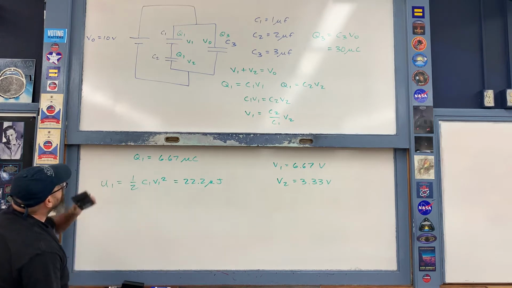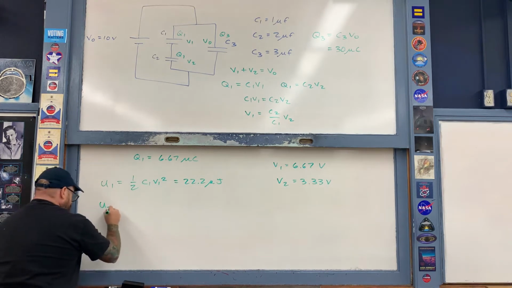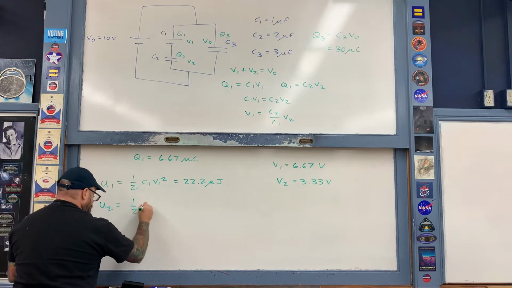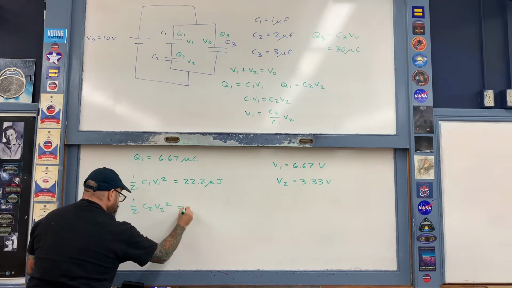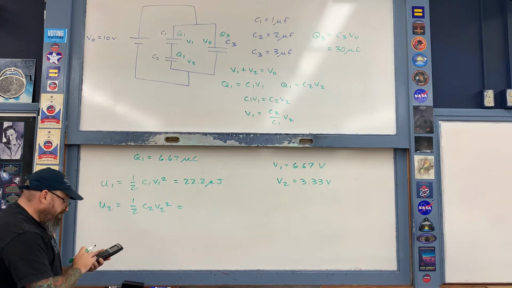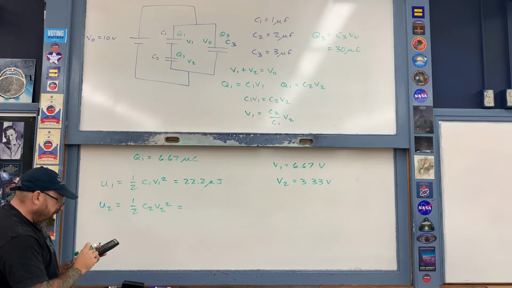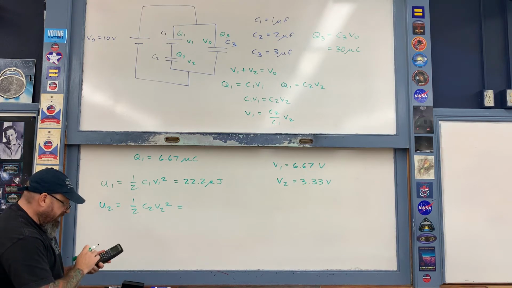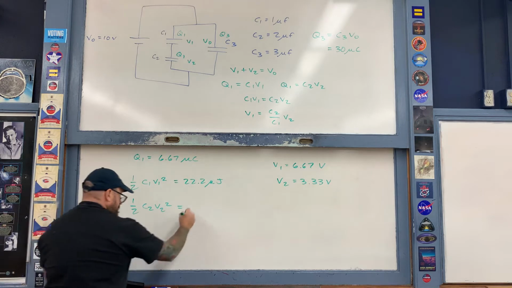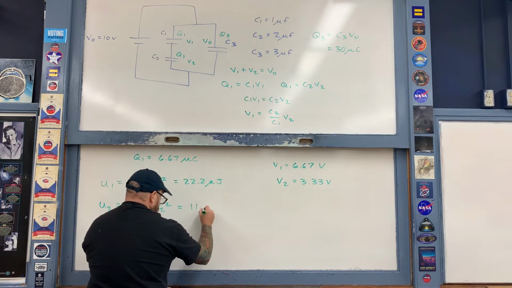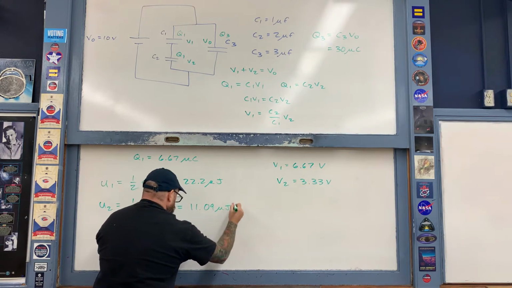Okay, do the same thing for capacitor 2. We'll call this U2, like so. So 1/2 C2 times V2 squared. So I have 1/2 times 2 microfarads, and then multiplied by 3.33 squared. And this comes out to be 11.09 or so microjoules.